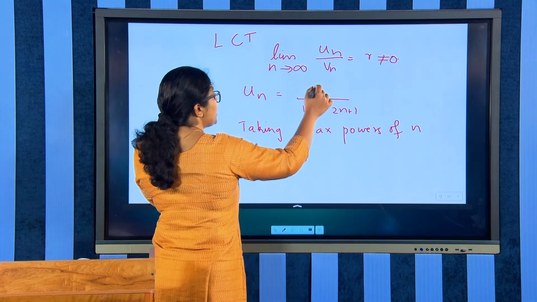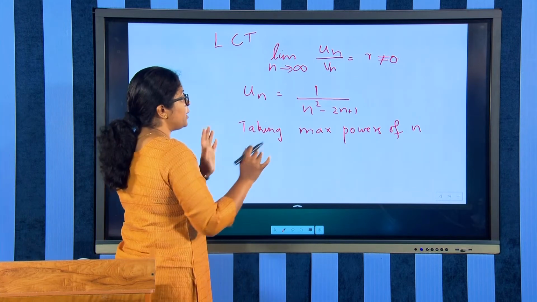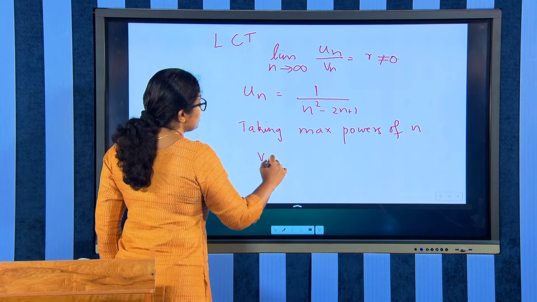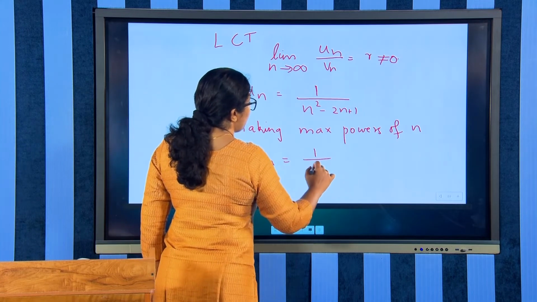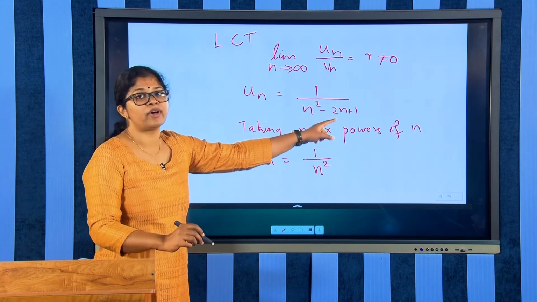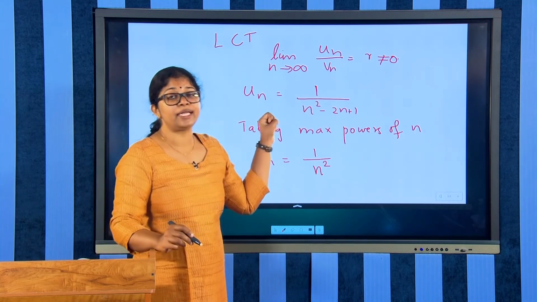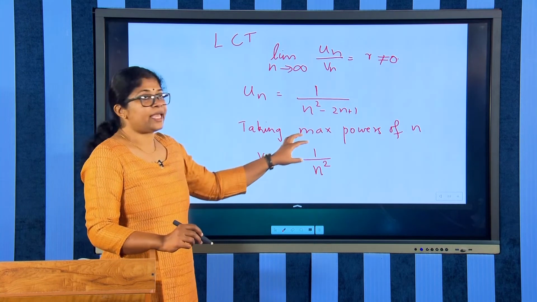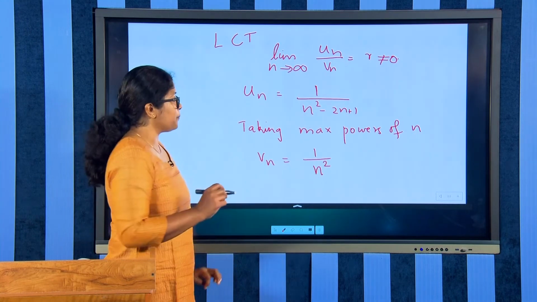There is nothing to be taken from the numerator, it is only 1 there. So, we take Vn to be 1 upon n square, because n square is the maximum power of n which can be taken out from the denominator. So, Vn we are taking as 1 upon n square.